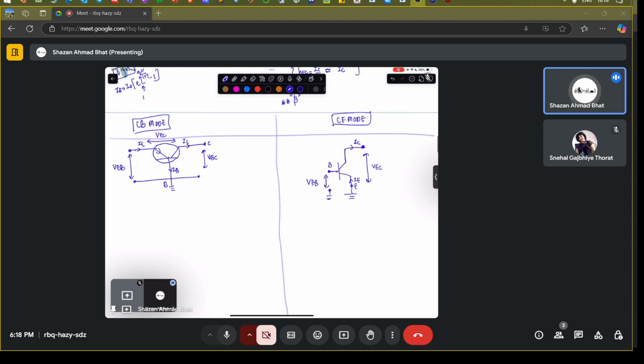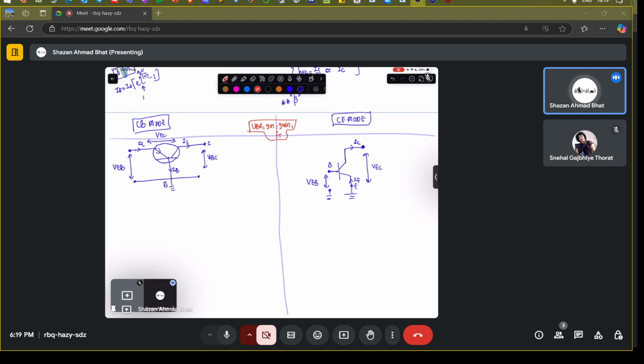So these are the certain configurations which are basically used, and we are going to see how it depends on whether we use a common base or common emitter configuration. We are going to see it in terms of the breakdown voltage, in terms of the transconductance, in terms of the gain, in terms of the cutoff frequency.